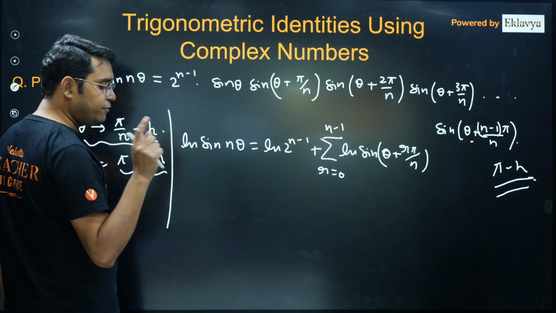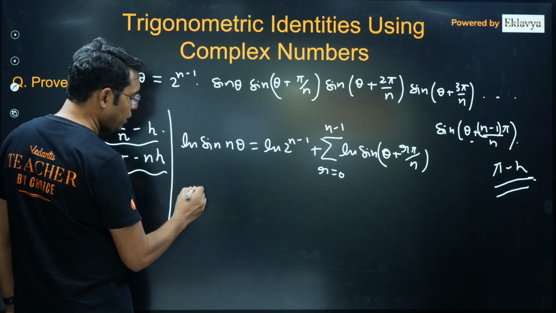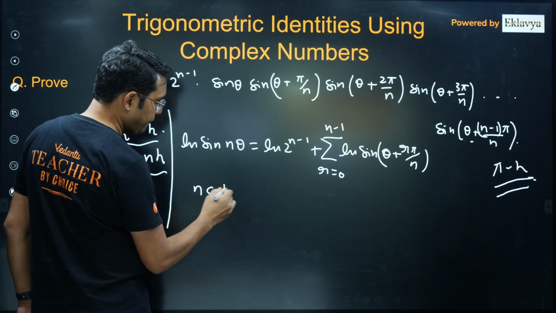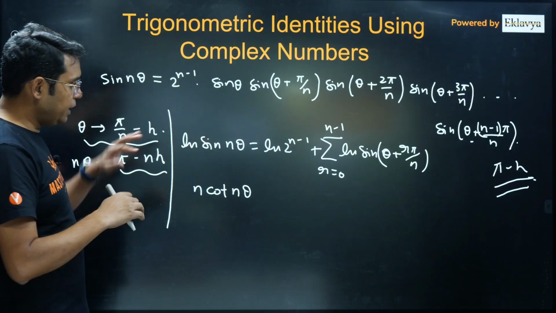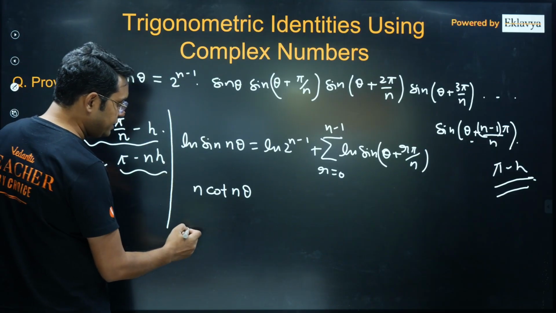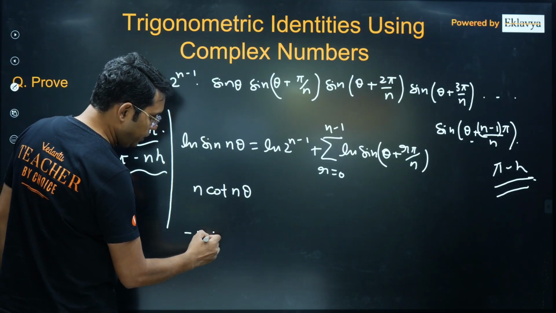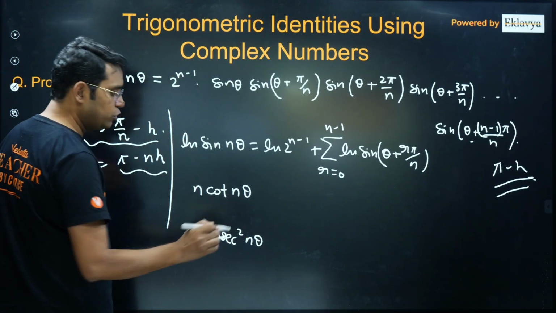For log sine n theta, the differentiation will be n outside, cot n theta. Then one more differentiation will give you minus n into cosecant square n theta. This n will also be square here.